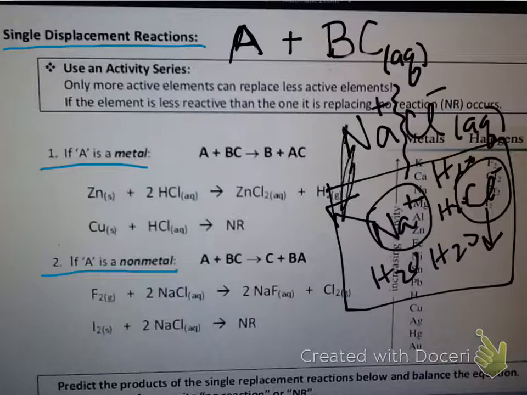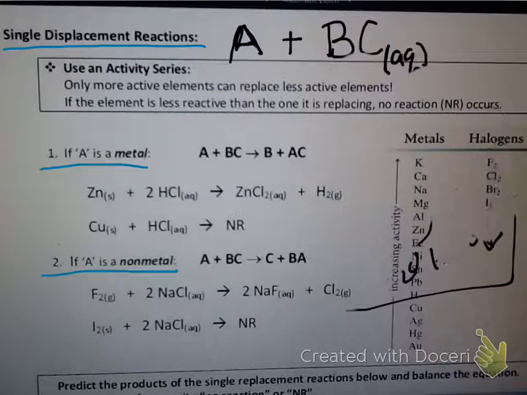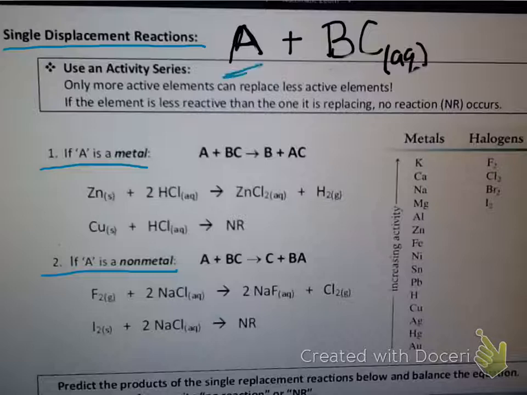So what we have here is, in single displacement reactions, you're always going to have an element reacting with an aqueous ionic compound. And something will switch places. Now, which one will A switch with? How are we going to know if it switches with the metal, the cation, or the nonmetal, the anion, in the compound?